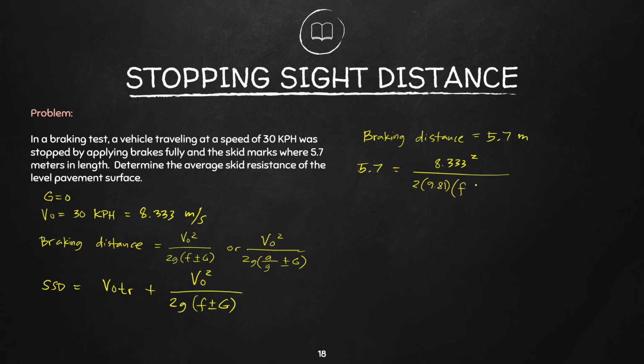And we don't have the grade because that is on a level surface. So let's just say that that should be plus 0.